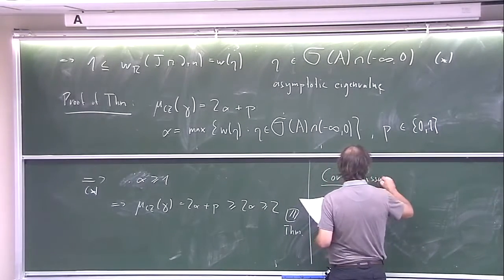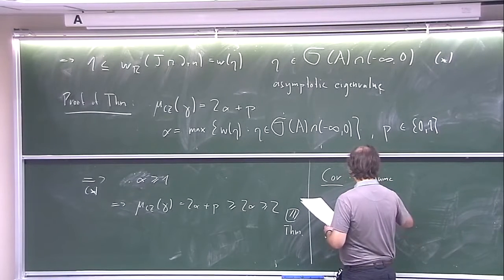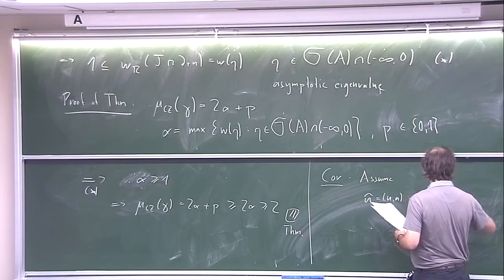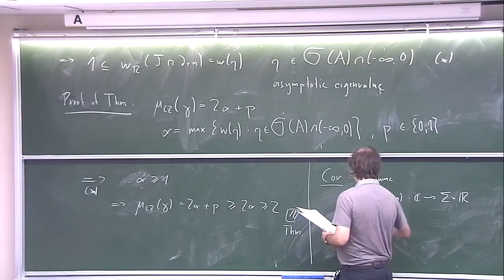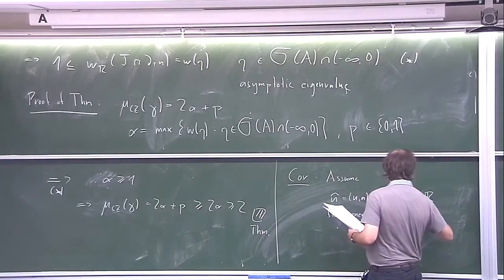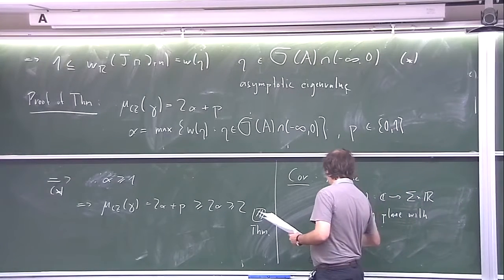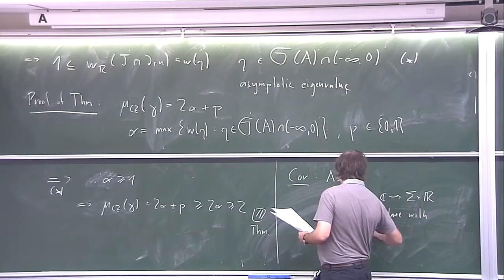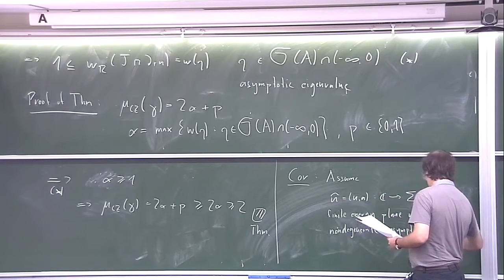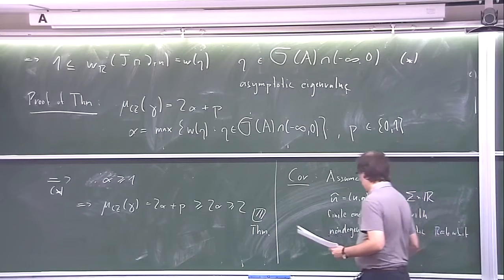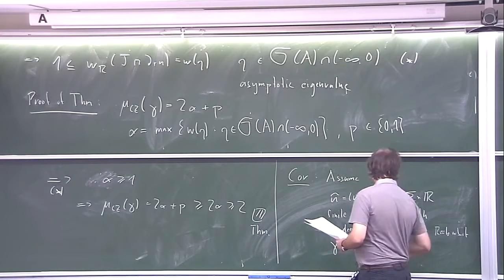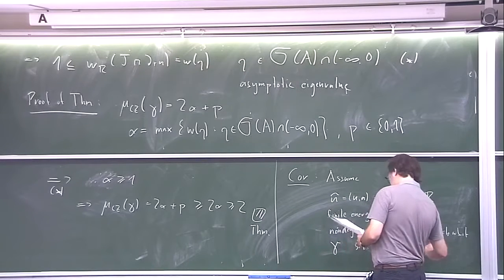Assume U tilde equals (U, alpha) from C to sigma times R is a finite energy plane with non-degenerate asymptotic Reeb orbit gamma such that the Conley-Zehnder index of gamma is less than or equal to 3.